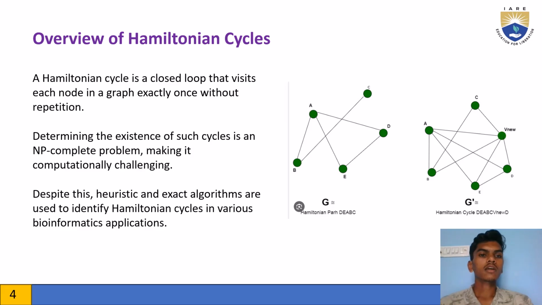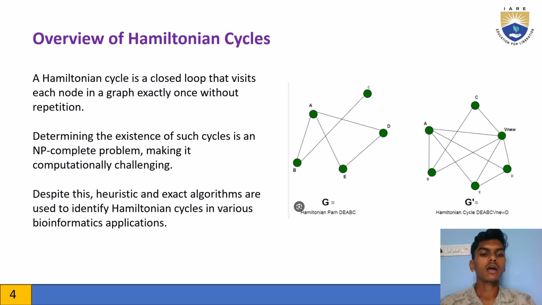Coming to the next slide, overview of Hamiltonian cycle. A Hamiltonian cycle is a closed loop that visits each node in a graph exactly once, without repetition. Determining the existence of such a cycle is an NP-complete problem, making it computationally challenging.